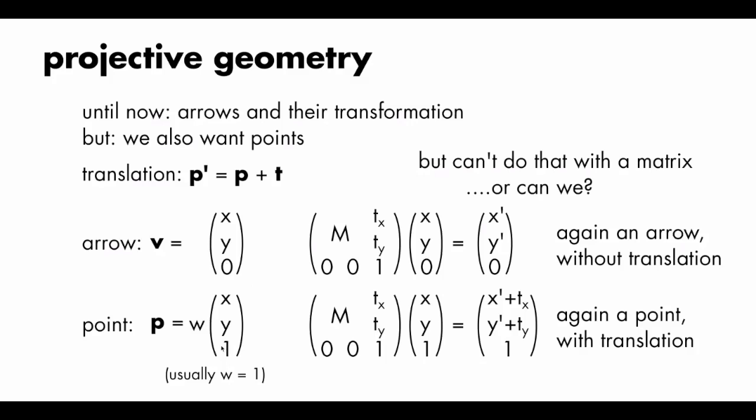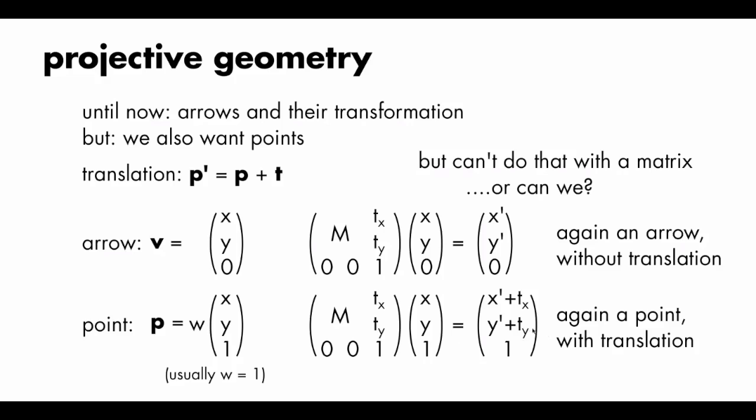Okay, now the other case, we just put a 1 in the last slot, and actually we can multiply this whole thing by some scaling factor or a weight, but we'll just think of w as being 1 for now. So we multiply this matrix again by this new vector, which has a 1 in the last slot, and lo and behold, this causes tx and ty to be added to the x and y components, and the 1 to be put into the last slot here.